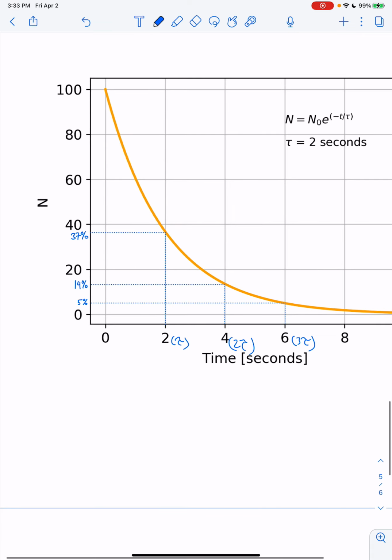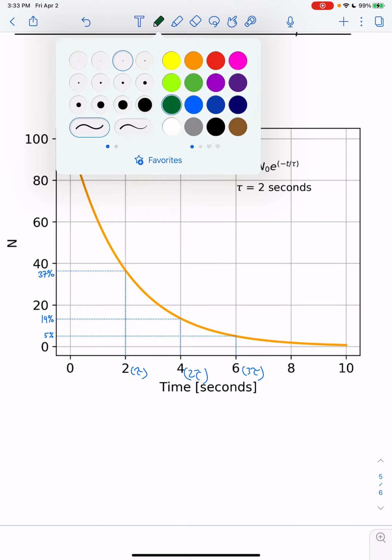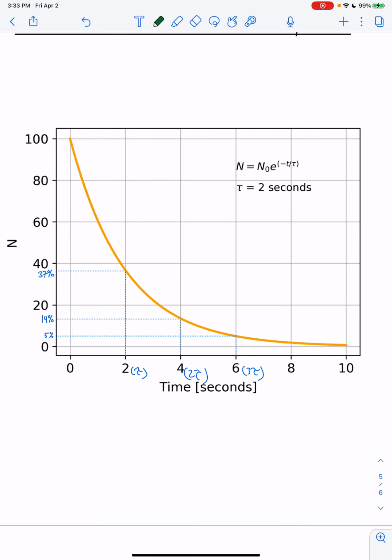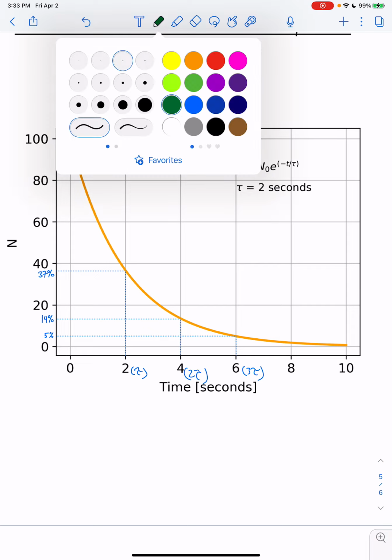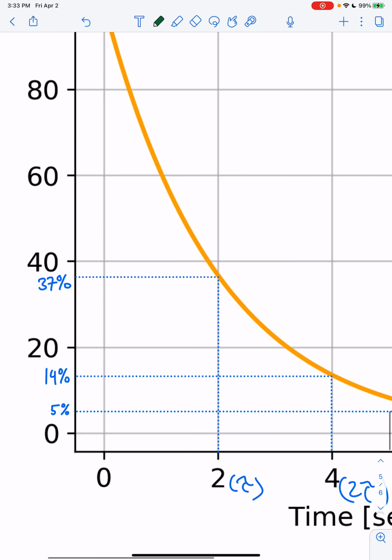Now there's another value that may be of interest here that we haven't yet talked about, and that is the half-life. After how much time has 50% of the original population either decayed or remained? Let's take a look at that on the plot here.